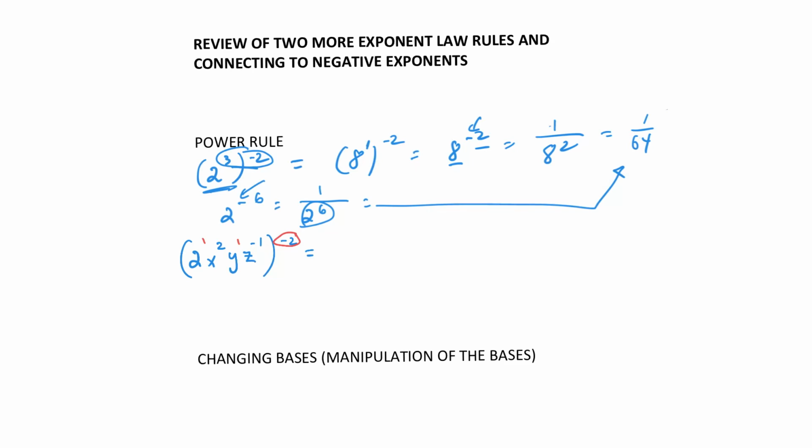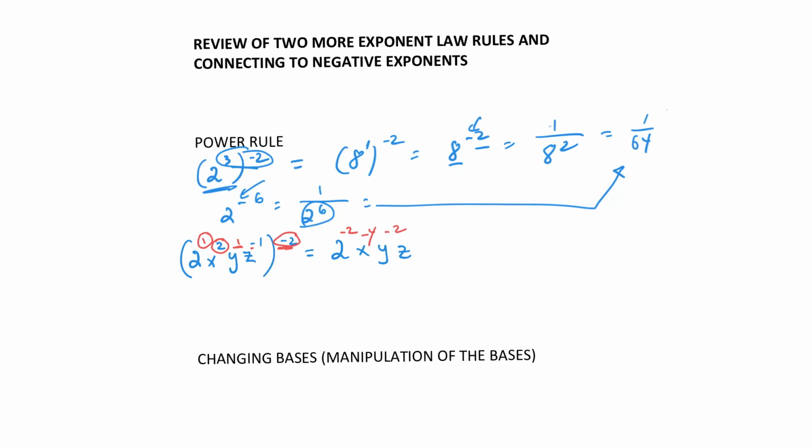So in other words, you have 2, x, y, and z. But now let's address the exponents. I'll use red. This 1 here becomes doubled, but it's negative doubled, because you're going to multiply it by negative 2. This 2 here is going to be doubled, we come up with 4, but it's a negative 4 here. And over here, the y has a 1, and this 1 is doubled, becomes a negative 2.